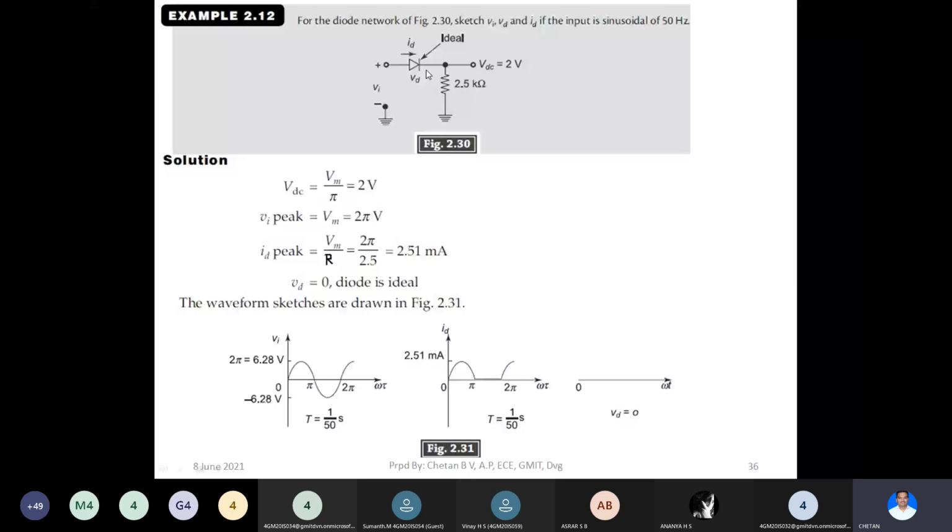Therefore, the Vd value would be 0 all the time because it is an ideal diode, right? So, how to plot 0? 0 will be as good as the x-axis. It starts with 0 and it is the omega t axis, and this is simply an x coordinate, and no points will be marked because Vd is 0, right? It will lie on the x-axis itself.